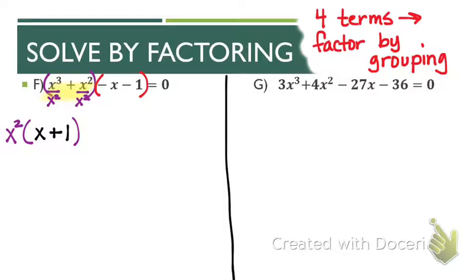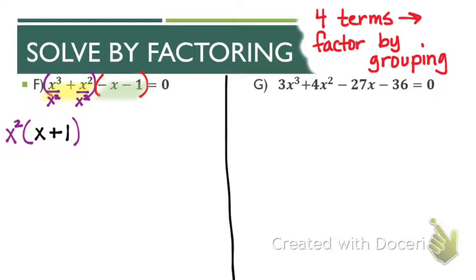Now I'm ready to look at the group in the second parentheses. What do you think I need to take out of that group for me to have x plus 1? A negative 1, exactly.